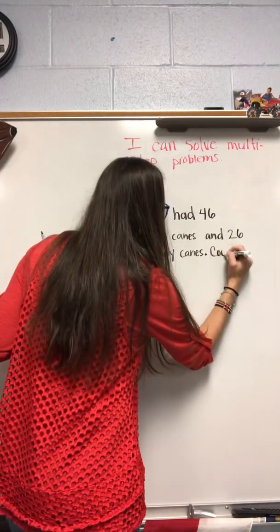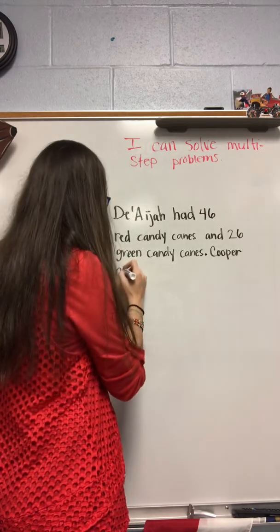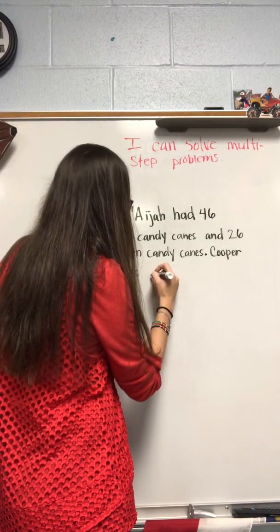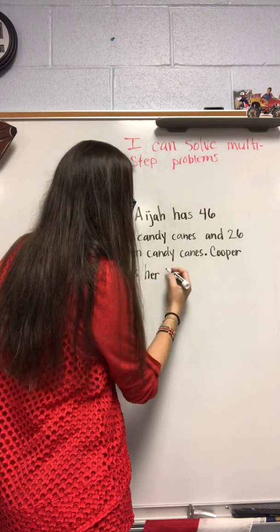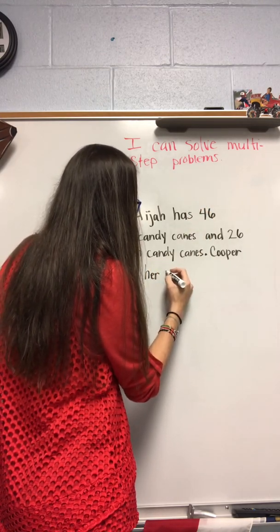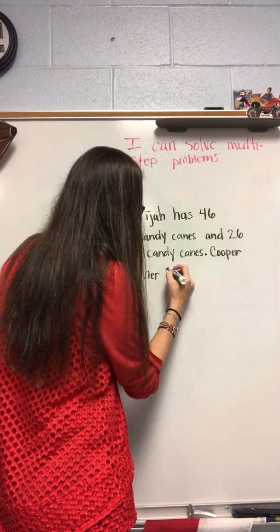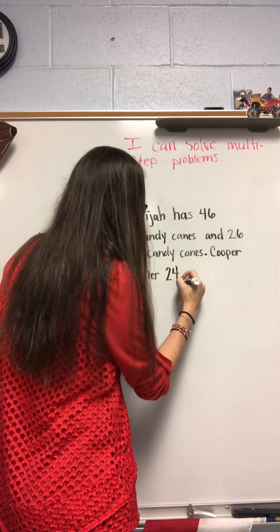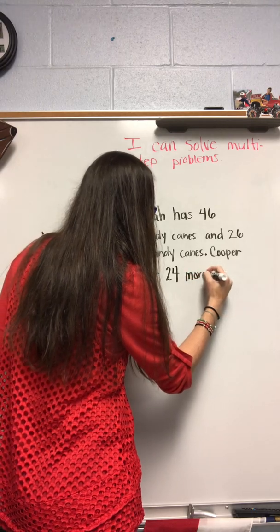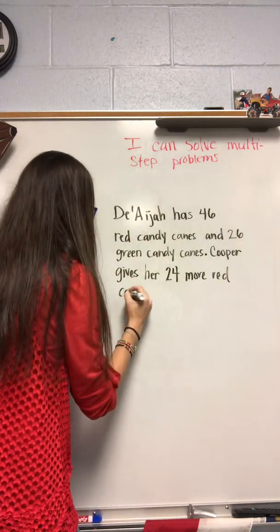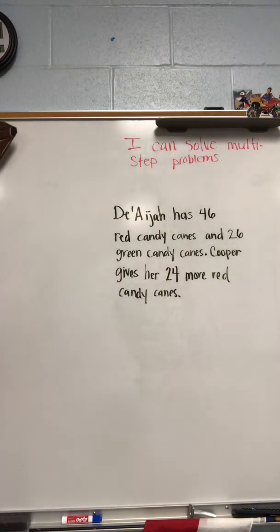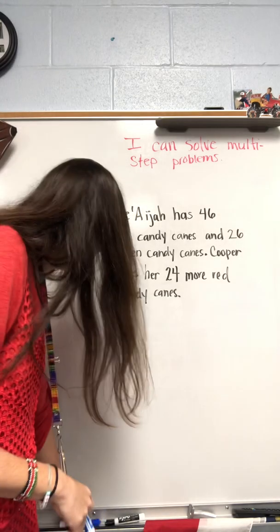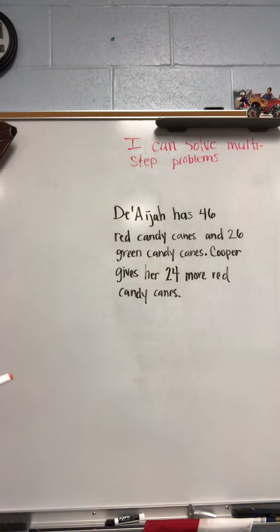Let's say Cooper gives her, how many do you give her, Cooper? How about 24 more red candy canes? So now what we want to know is how many candy canes does DeAsia have in all, or now? How many candy canes does DeAsia have now?